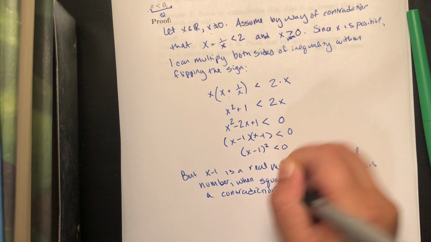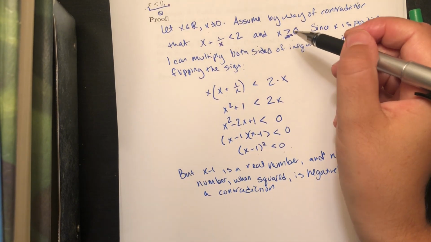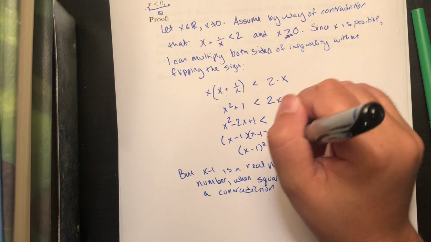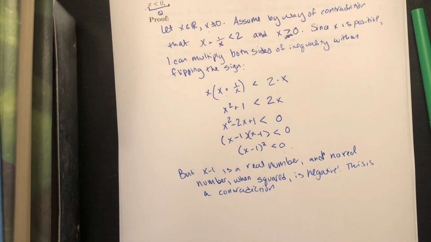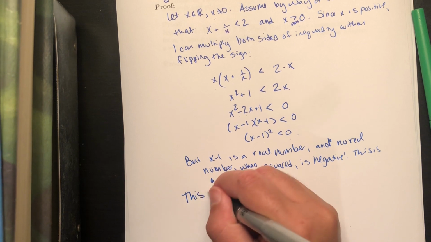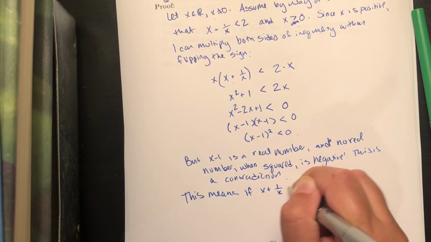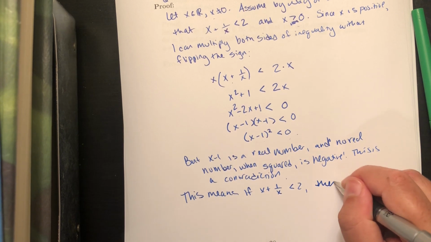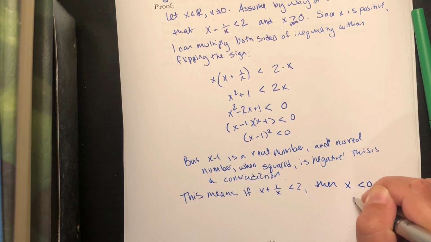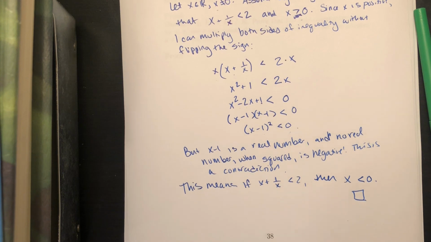There's no possible way that both of these statements can be true. If they were both true, you would end up having that x minus 1 squared is negative, and I know that that's impossible. Any real number squared should be greater than or equal to 0. So since we found our contradiction, this means that if x plus 1 over x is less than 2, then x must be less than 0. Right? So we're done with our second proof.